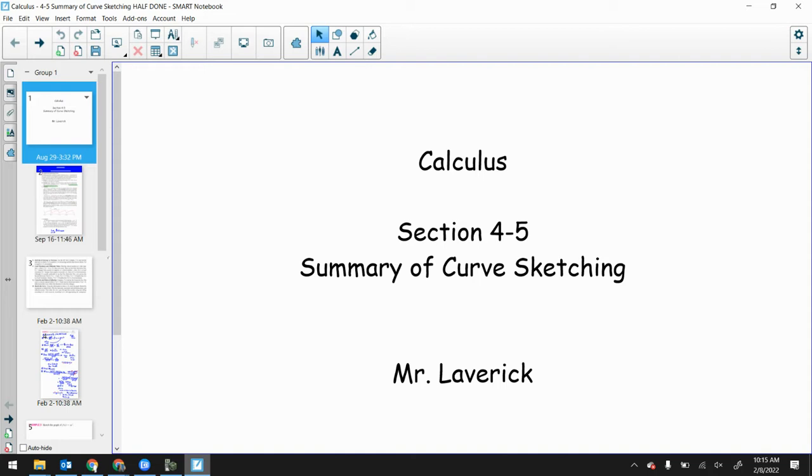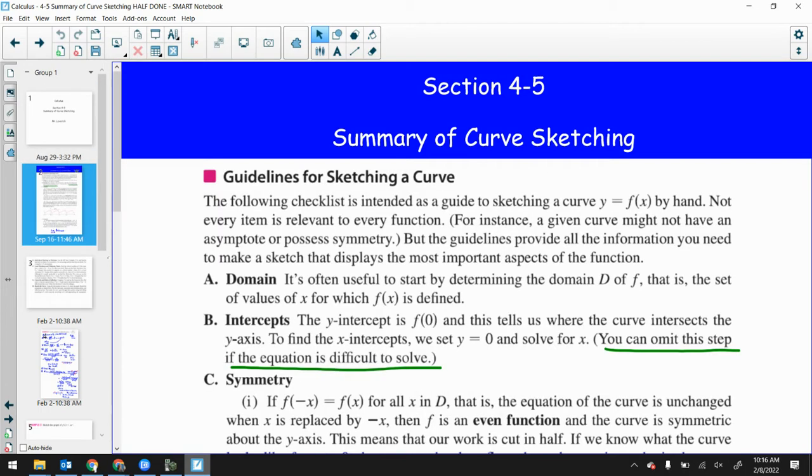So, here's where we were yesterday. Again, remember that we really have not learned anything new in this section. There's really no new material. It's just kind of a compilation of everything that we know about graphing. Just as a reminder, we've got these guidelines, and in the homework problems, it will say, use the guidelines to graph all of these things.